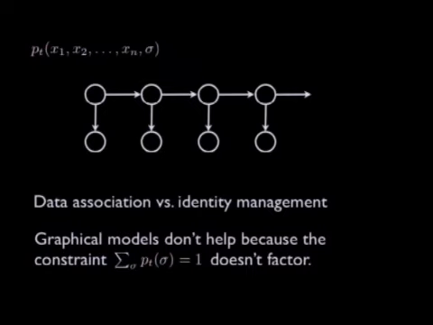Now, this is a diagram that you've seen before several times. Hidden Markov models, of course, this eventually translates into some kind of hidden Markov model. Except that in my case, we were focusing not just on the hidden Markov model of positions, x1 up to xn, but we also have to worry about this hidden permutation.